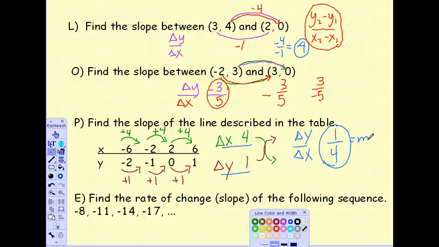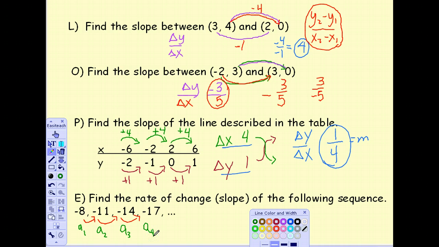Okay? Find the rate of change or the slope for the following sequence. So here we've got an arithmetic sequence. Awesome. It's been a couple days since we've done that. Here's our arithmetic sequence. Okay, and we want to find out what is this changing by each time. If we go back to what we were talking about with, here's our first term, a sub 1, our second term, our third term, our fourth term.